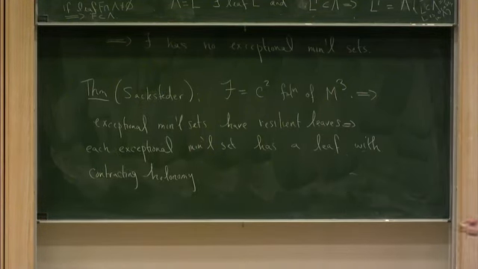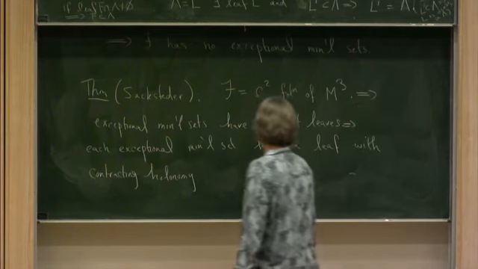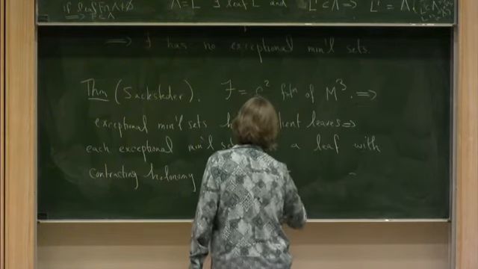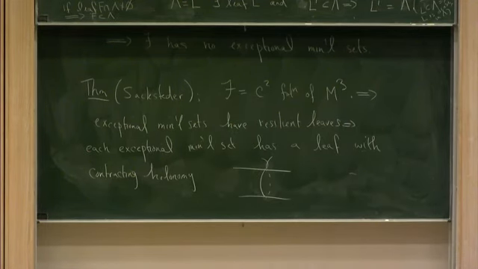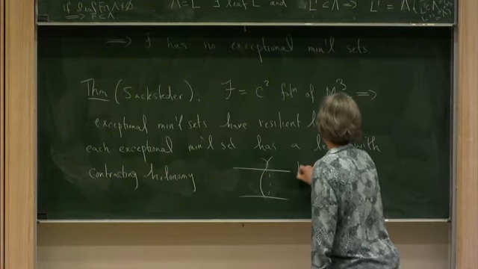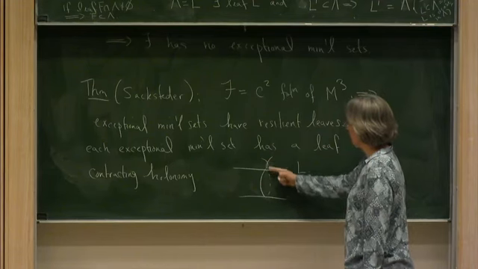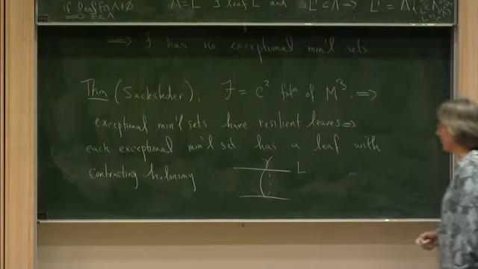And I'm going to draw a picture to say what that means. So Sacksteder is telling us that if we have C2 smoothness, then we have this particular property of exceptional minimal sets. If you're looking at a particular foliation and you see that exceptional minimal sets do not satisfy this property, you know you're not C2. So here's the story. There's going to be a leaf, let's call it L. There's going to be a simple closed curve in that leaf, let's call that gamma.